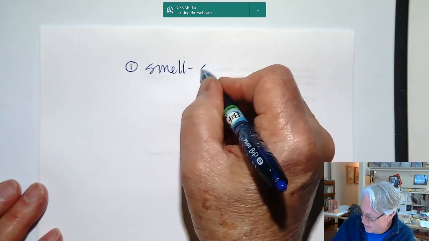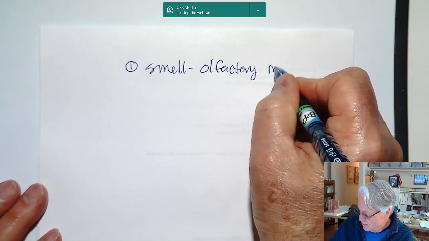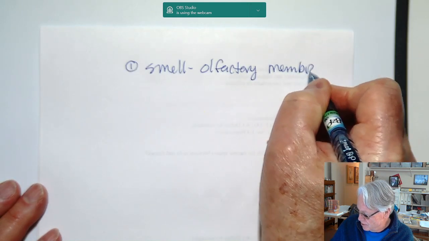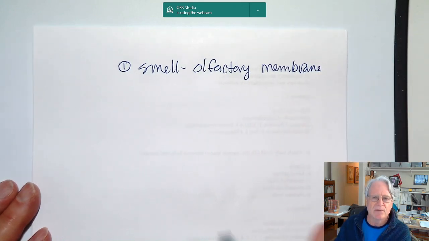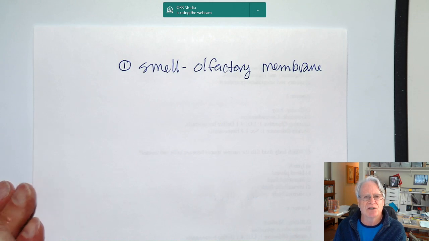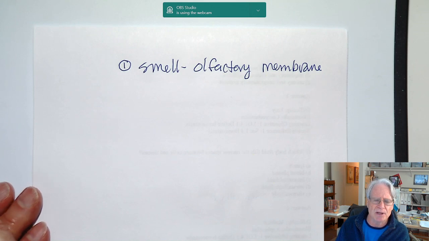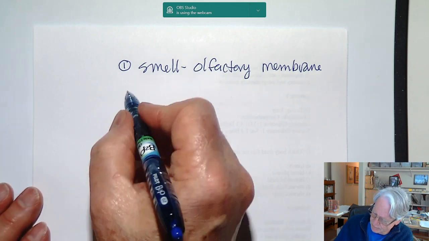And here we have the olfactory membrane. And you're going to run into this in 40B. This is in the roof of the nasal cavity. And it's a combination of epithelial tissue and specialized neurons that allow you to smell various scents.